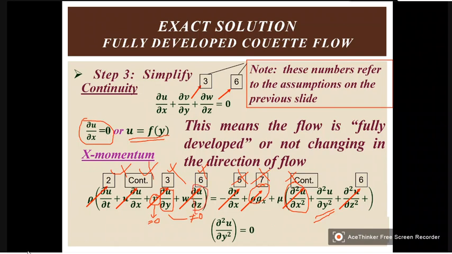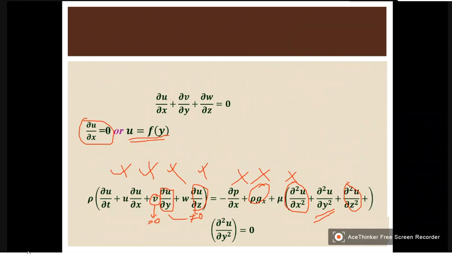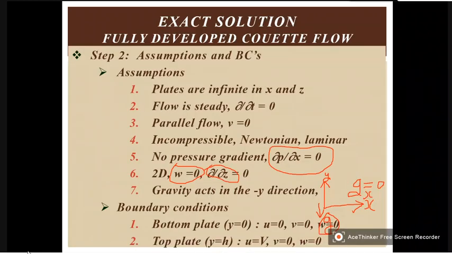Dou by dou z is equal to 0. So dou by dou z and dou square by dou z square are 0. Sixth assumption, you can see.